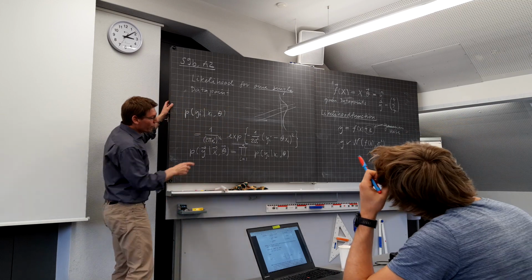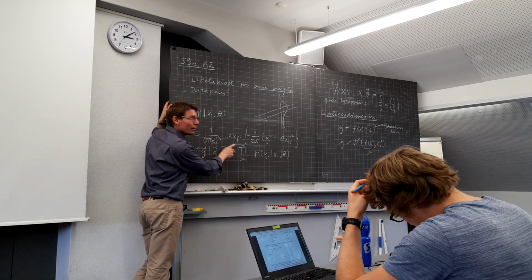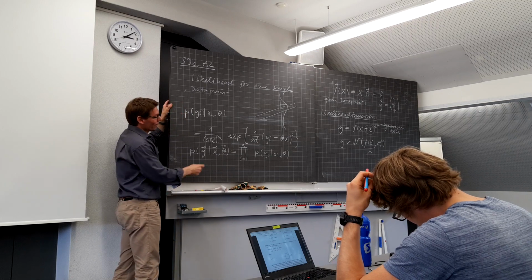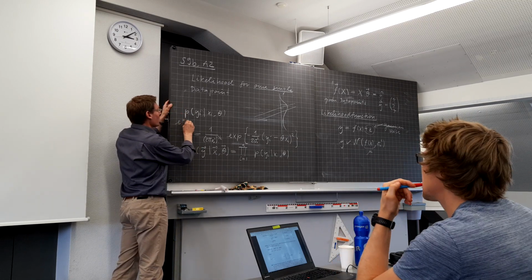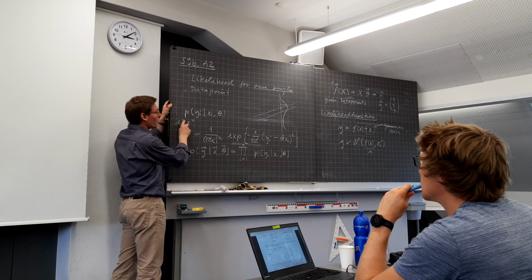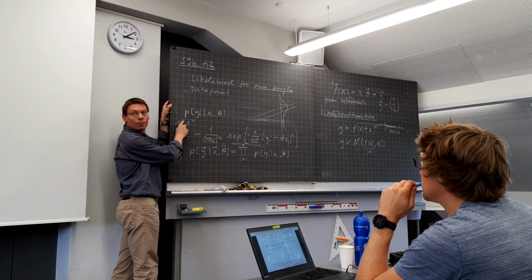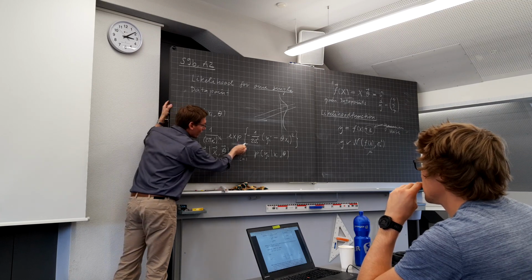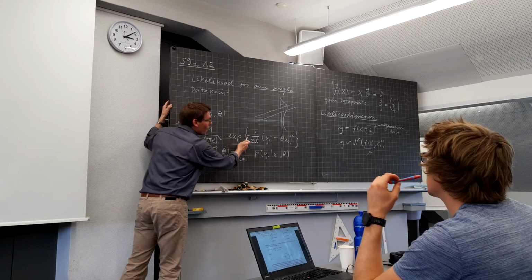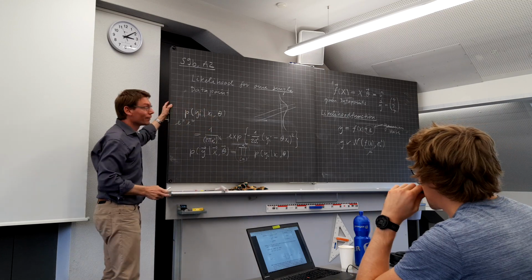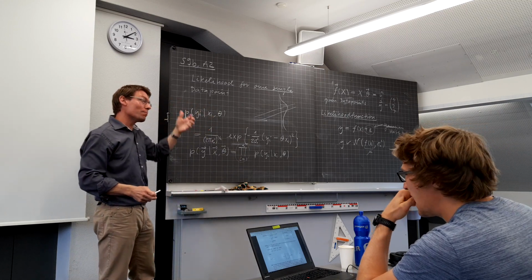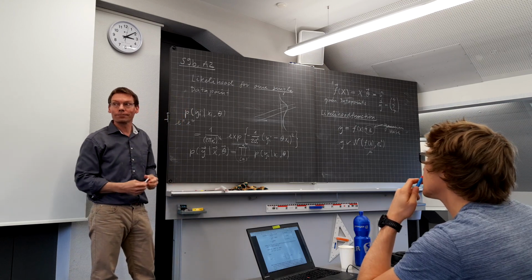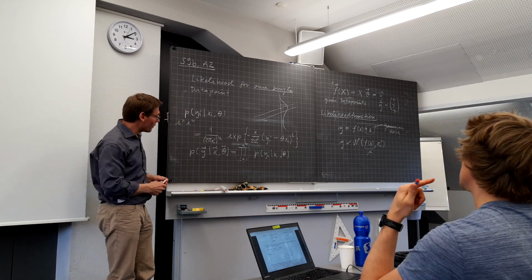Now we have a product of exponentials, and the product of exponentials, you see it? e to the A times e to the B is e to the power of A plus B. So out of this product of probabilities, we get a sum over all i. And now we end up at the same point where Gauss started, right? Sum all squares. And it turns out to be the same problem.